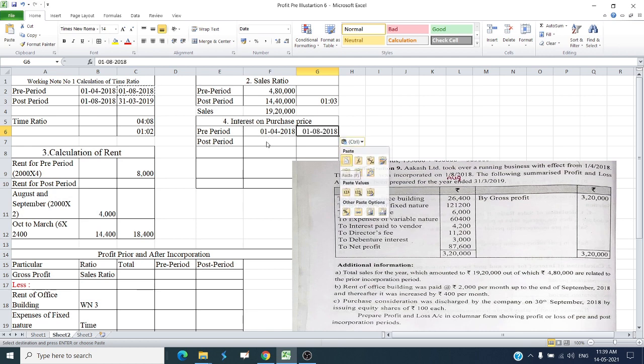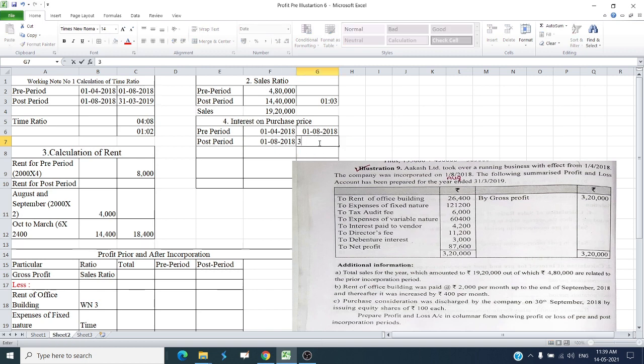Okay, and for the post period, the purchase consideration was discharged by the company on 30th December, means up to the 30th December we have to take for the post period. Means here we have to take 1/8/2018 to 30th September 2018.